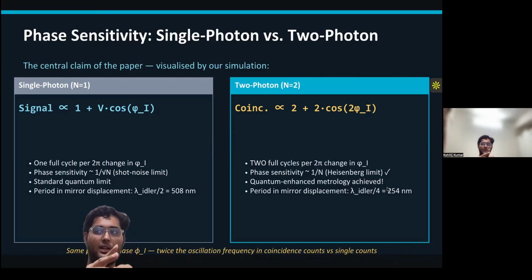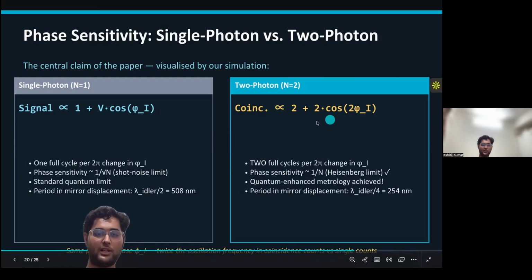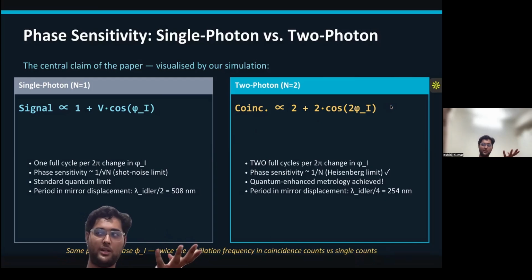And it's happening here while the probe photon, the one actually picking up the phase, is never detected at all. As you can also see in the footer of the slide, the same physical phase gives twice the oscillation frequency in the coincidence count. That's the quantum enhanced sensing with undetected photons.